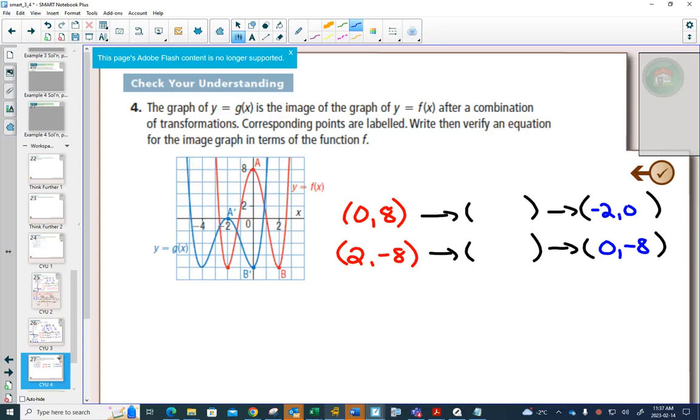Now we have to work backwards. We know where the red points go and where they end up on the blue ones, but we don't know what to write above the arrows. What should I multiply x by? What should I multiply y by? How much should I move it left, right, up, or down? I don't know.